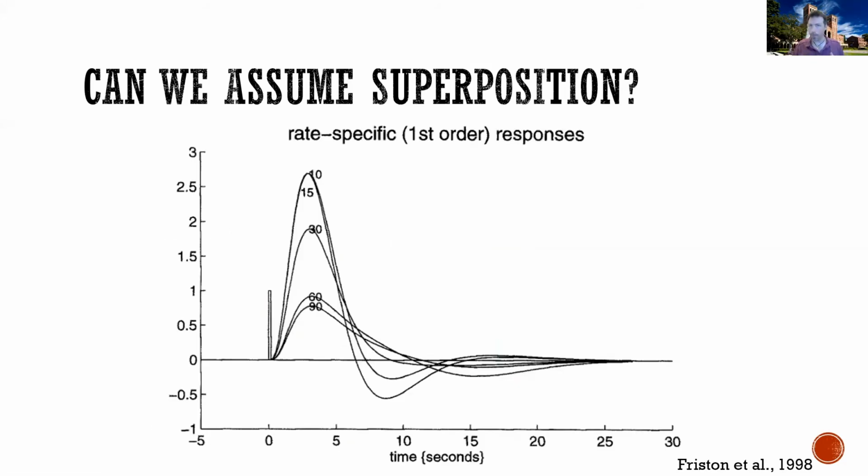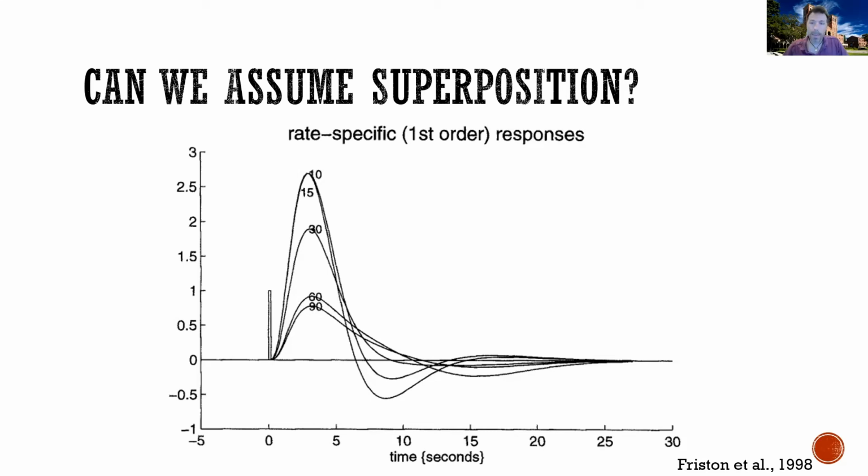And just to show another example of this idea, this was by Friston and colleagues in 1998. So what they did is they looked at the response to a single word, which is sort of the stimulus that you're seeing here, according to how many words were being played around it.